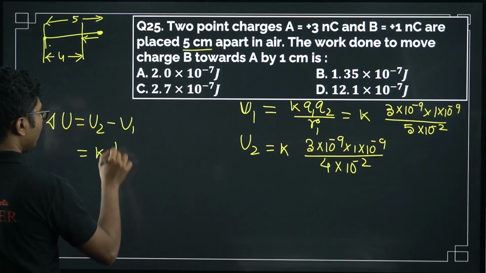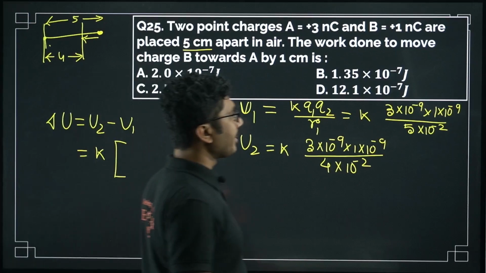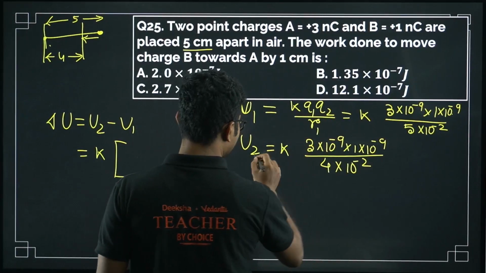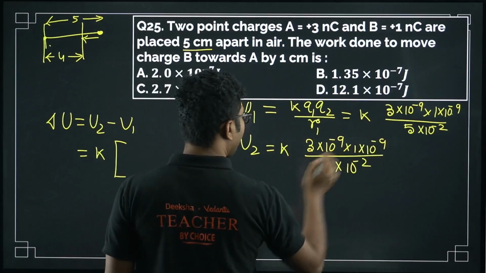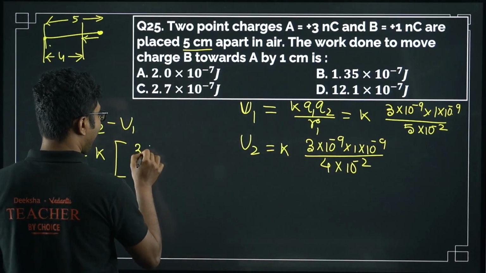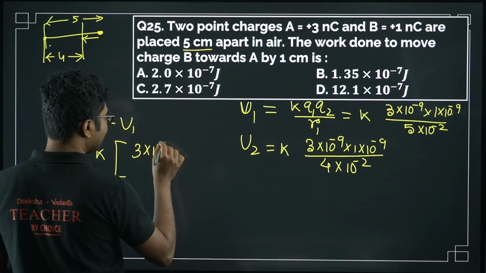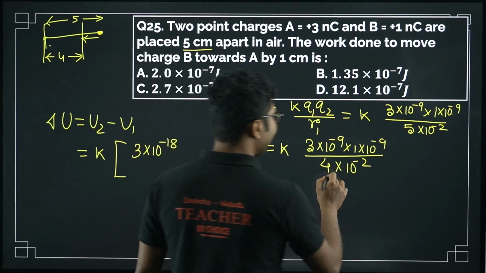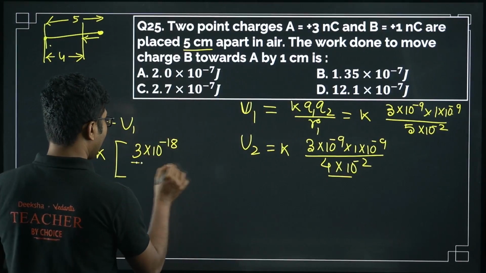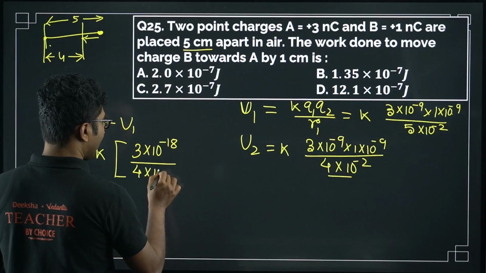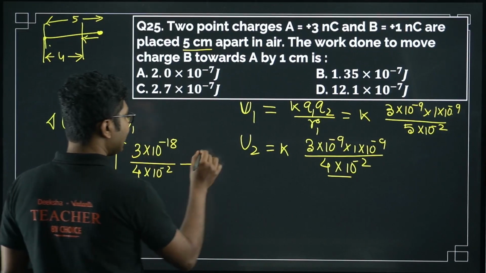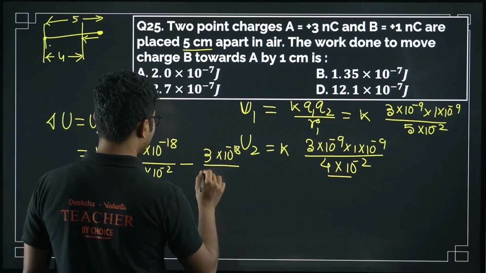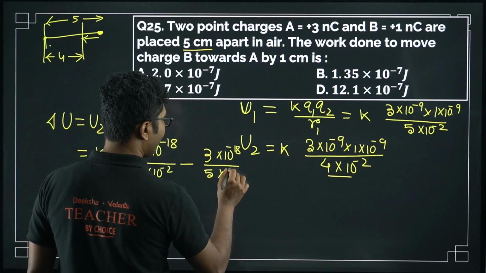So K into, most of the things will be common, 3 into 10 to the power of minus 18, first U2, right? So 3 into 10 to the power of minus 18, we'll put the value of K in some time. Okay, 3 into 10 to the power of minus 18 divided by 4 into 10 to the power of minus 2 minus 3 into 10 to the power of minus 18 divided by 5 into 10 to the power of minus 2.